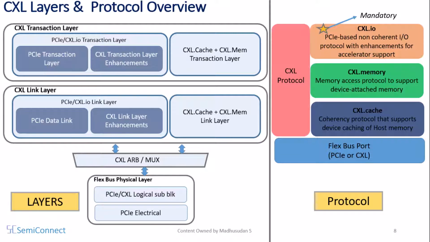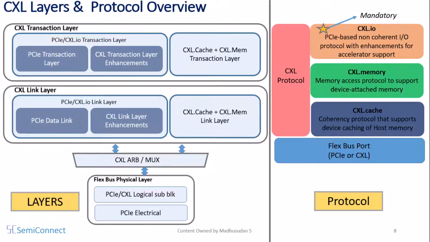So at the CXL ARB and MUX level, the arbiter and the mux, you could mux the CXL.cache and CXL.mem flits at the 512-bit boundary rather than at, let's assume, 128 bytes for a PCIe packet. If there is a huge PCIe packet moving and then another transaction behind it, you need to wait for the entire packet to move before you can send the next packet. Whereas with this flit mechanism, it becomes easier to break the transaction at the flit boundary and then send subsequent transactions.